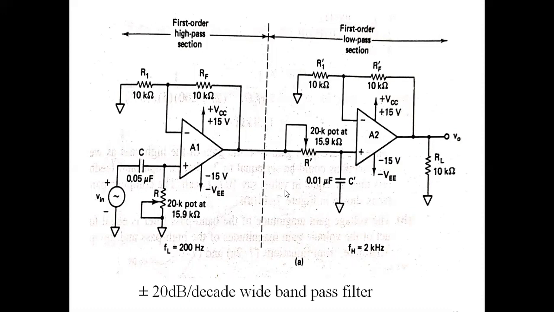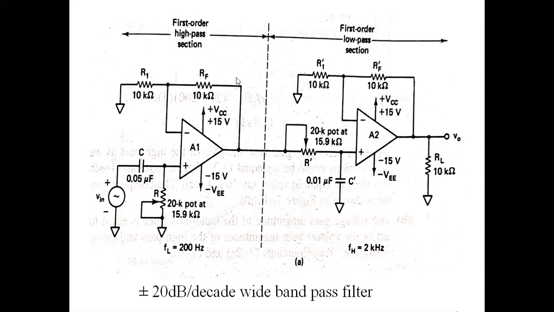We have already defined what a band pass filter is. A band pass filter passes only a certain band of frequencies. Outside that band, all other frequencies are rejected at the output. This is the circuit diagram for the wide band pass filter.